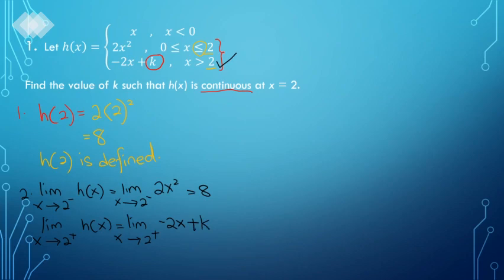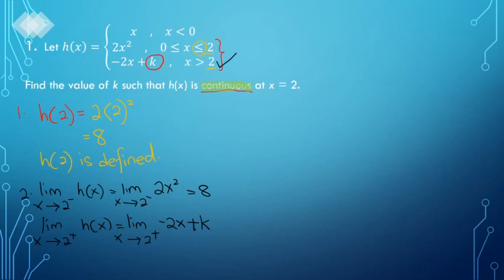So negative 2x plus k. So you don't know the value of k, but you have to remember this one is continuous. So what does continuous mean? Meaning the limit exists.